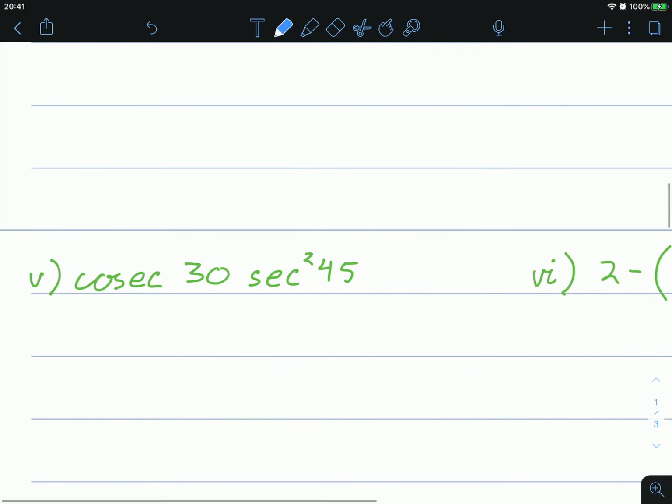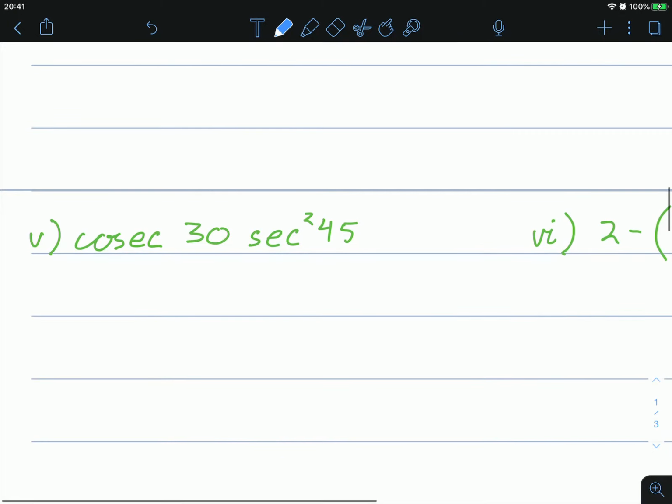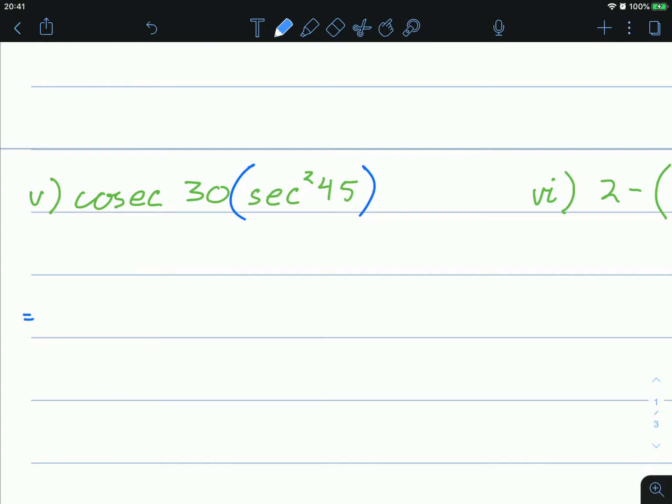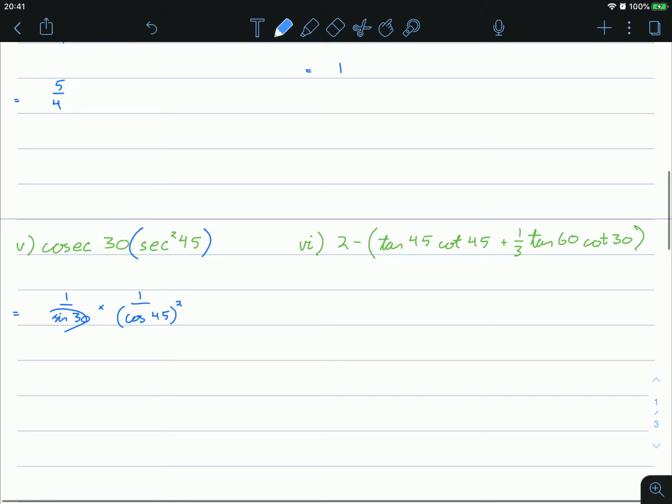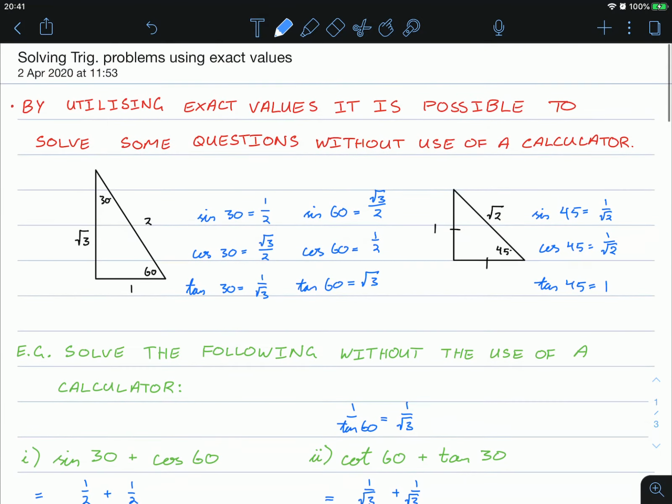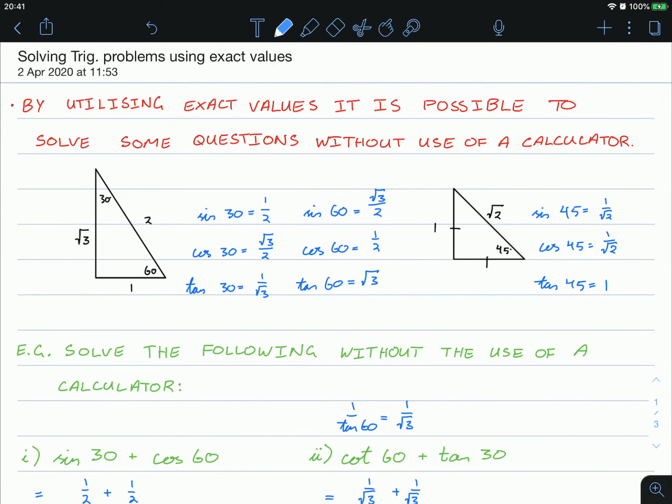Let's do this again. Cosec of 30 times sec of 45 squared. Cosec of 30 is 1 on sine of 30, and sec of 45 is 1 on cos 45. So let's figure out what 1 on sine 30 is. Sine 30 is 1/2.